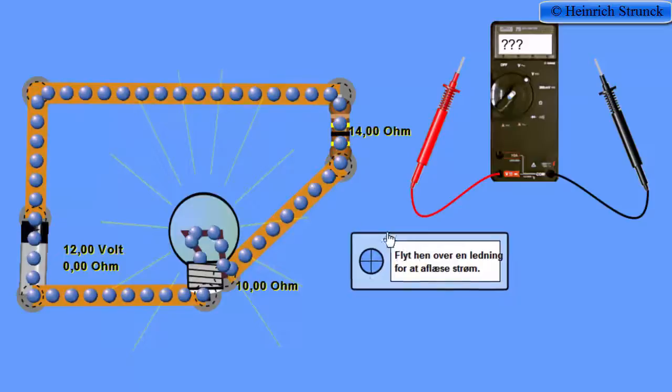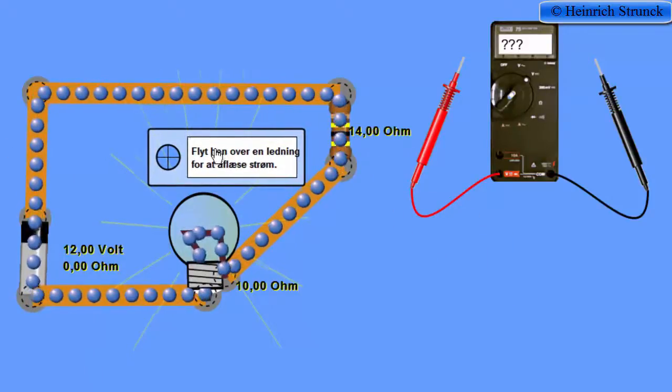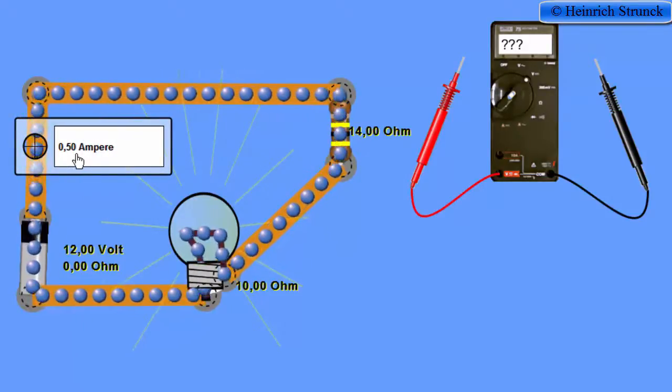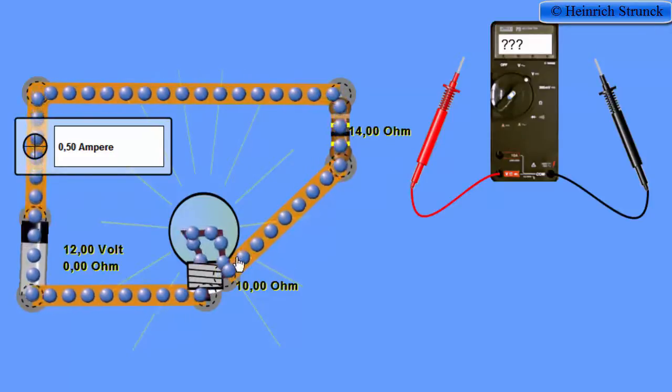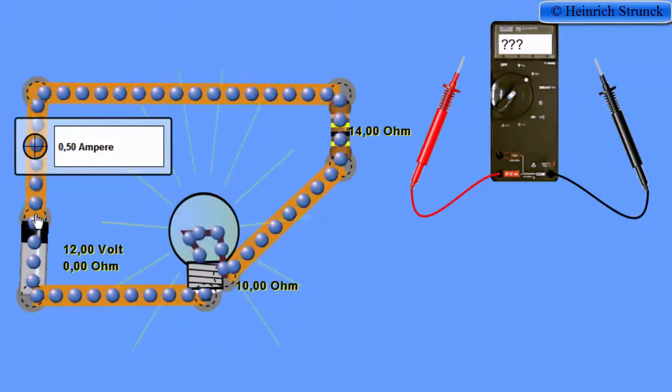Here we have a mobile ammeter, and we just can put it over a wire and it will give us the indication of the current, and we can see we get 0.50 amp. We have some circles going around the system, and actually it is an indication of electrons in a circuit.